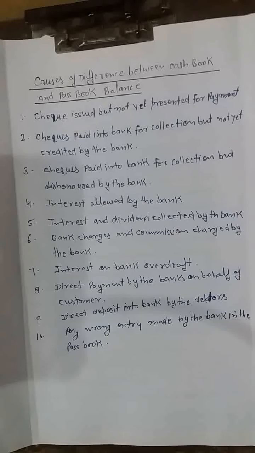The trader debits the bank column of the cash book as soon as he deposits the checks, drafts, etc. with the bank for collection, but the bank credits the trader's account only after the checks have been collected.